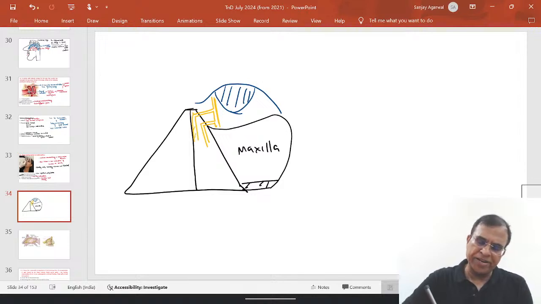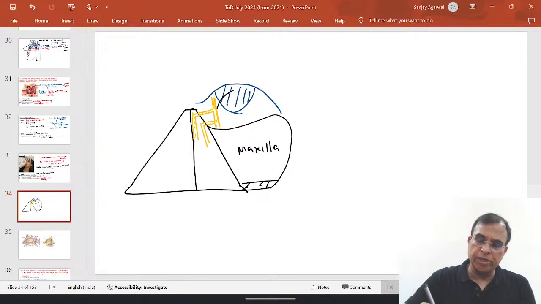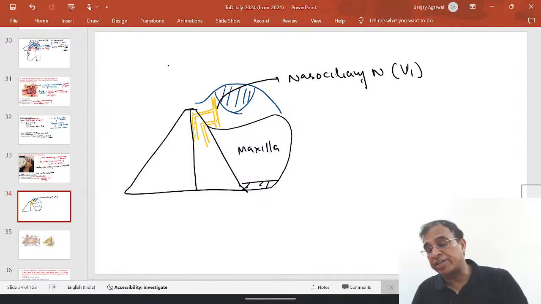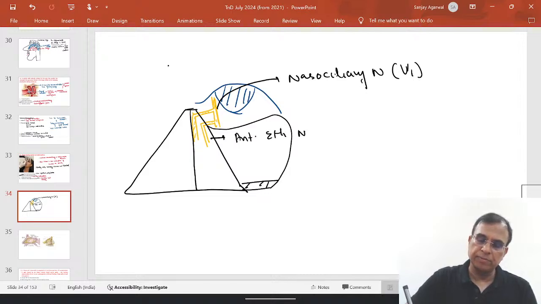So this is a very simplified diagram trying to show how this nasociliary nerve, which is a branch of V1, the ophthalmic division of the trigeminal, and let us assume that this is the anterior ethmoidal nerve and this is the posterior ethmoidal nerve.